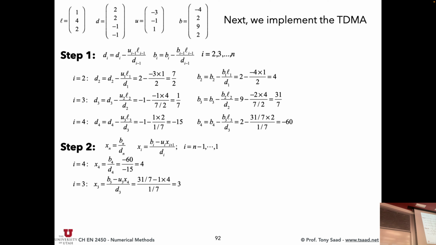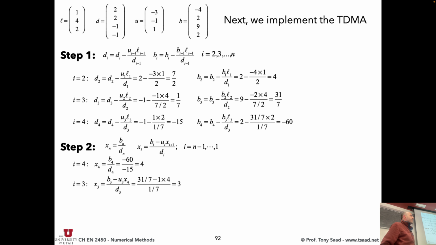So I do have a typo over here. It should be the new B2. However, it's not going to affect the solution, but you're right. Good catch. Thank you. I'll fix that, okay?